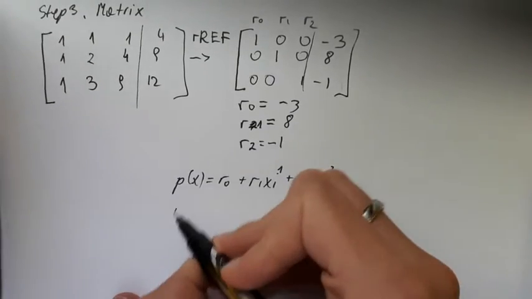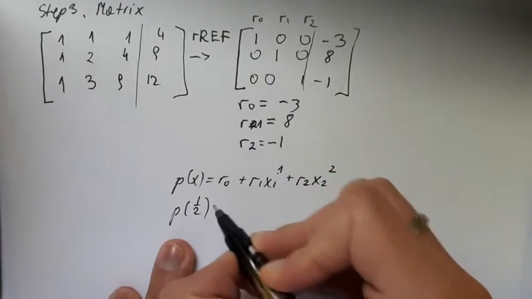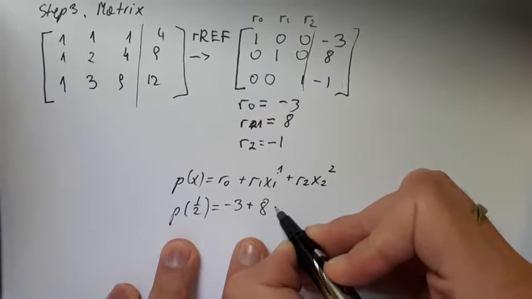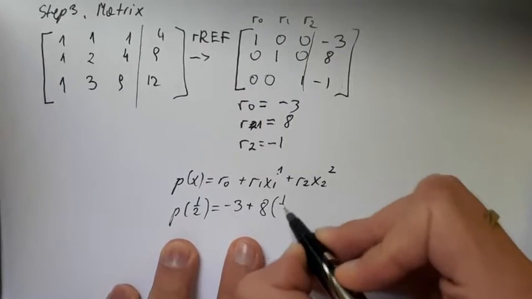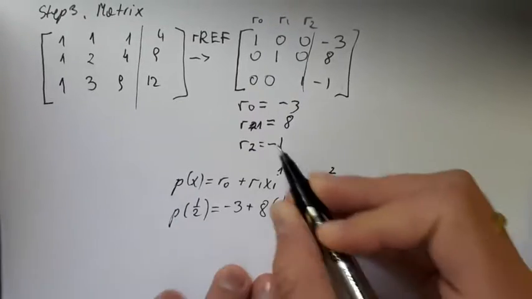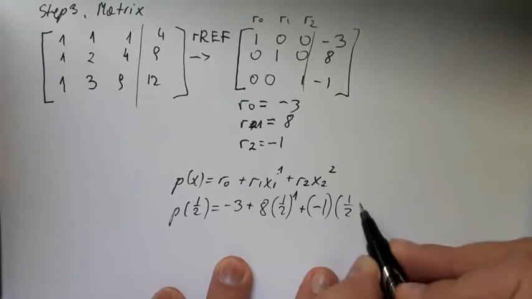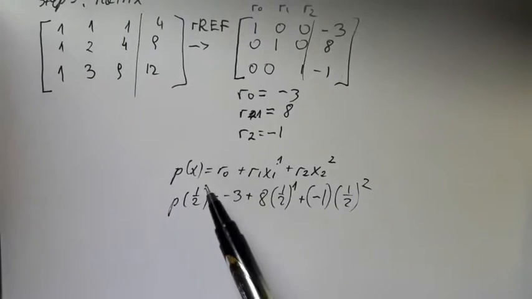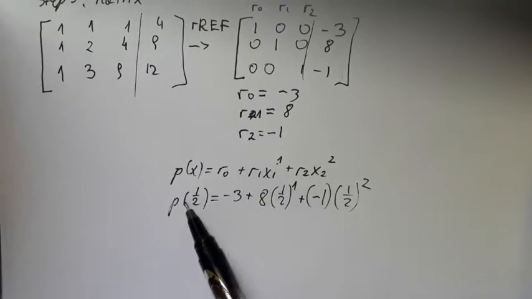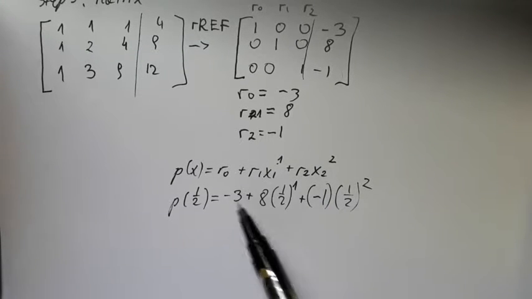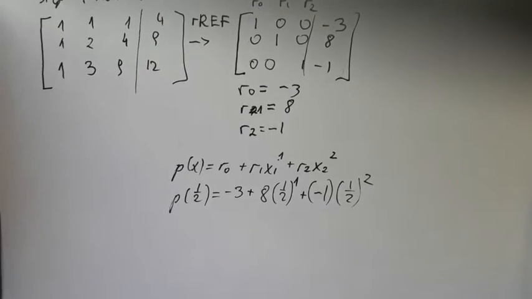Now we're just going to plug in: x was 1/2, r0 is minus 3, r1 is 8 times 1/2, plus r2 was minus 1 times 1/2 squared. So we're plugging in this value for x, and then these values here, here, and here.